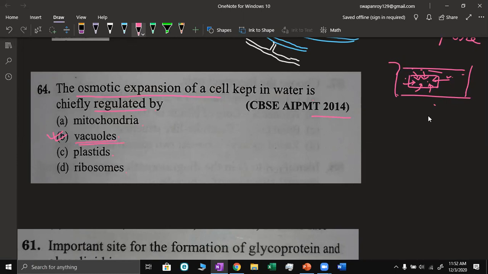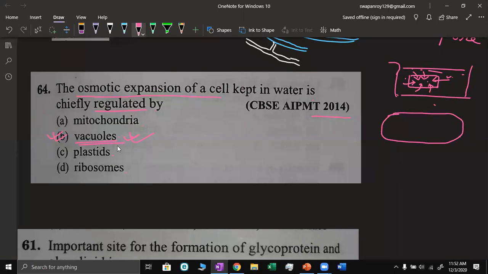The vacuole contains the maximum amount of water, and in that water there are some dissolved substances, some minerals, enzymes, hormones, etc. This maintains the osmotic expansion of the cell.